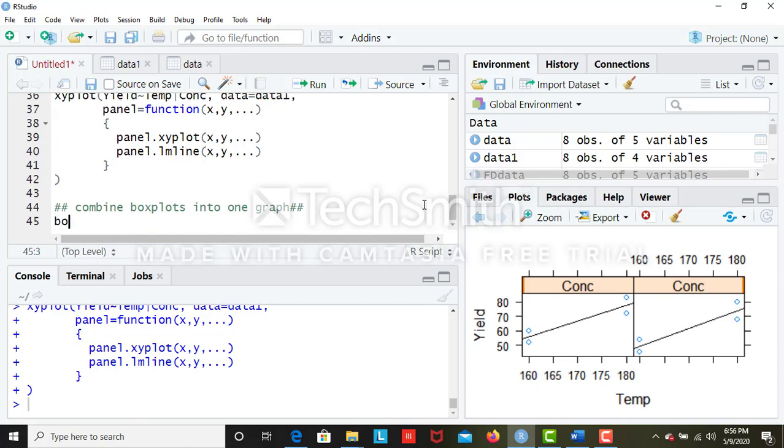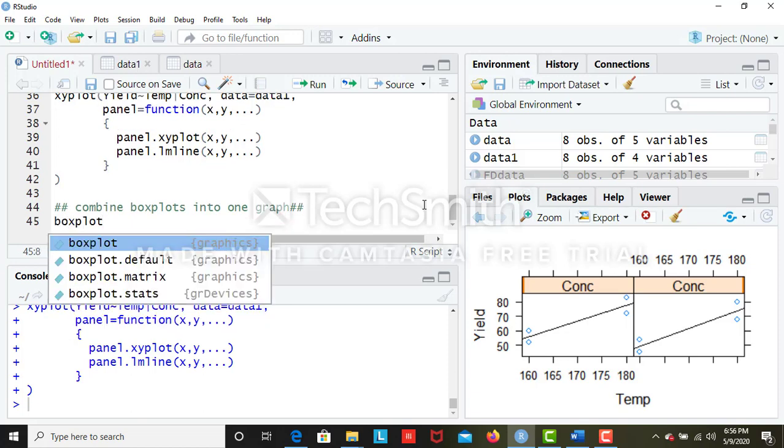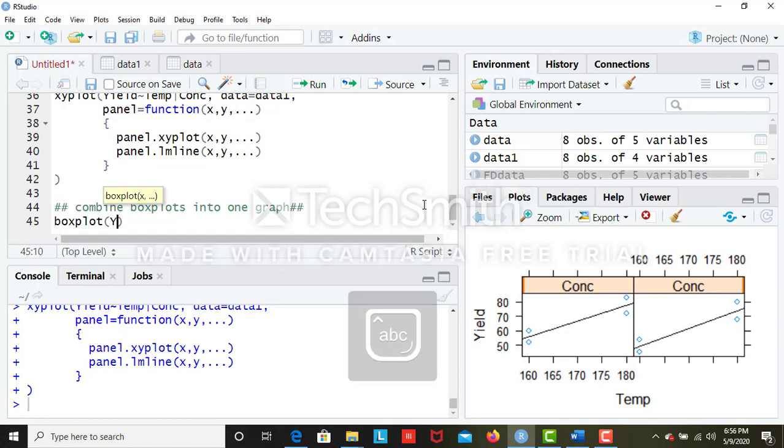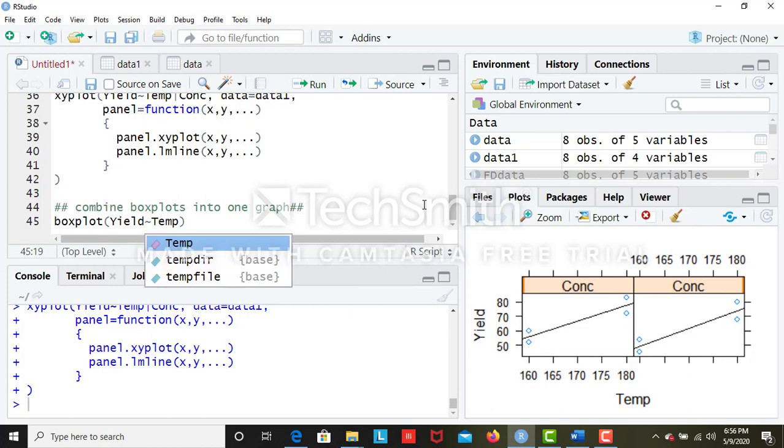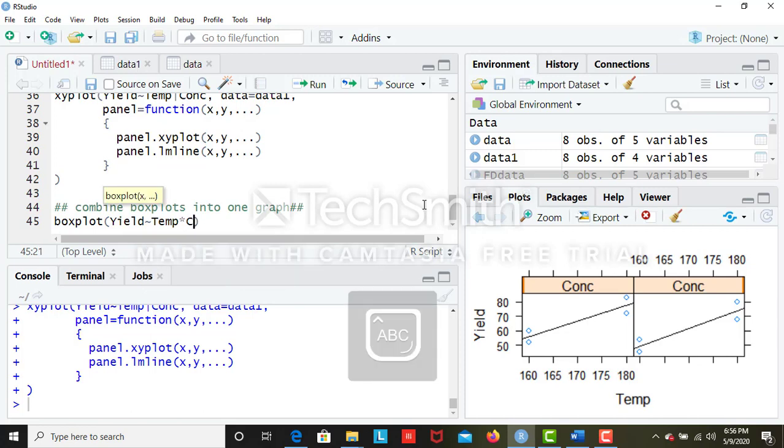I have box plots, I have yield, which is the response variable, and then temperature, concentration, then data is equal to data1.